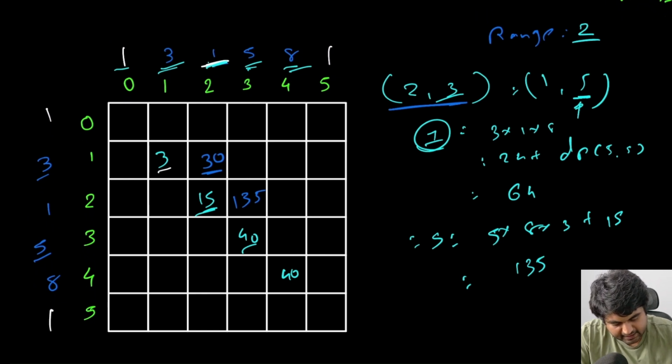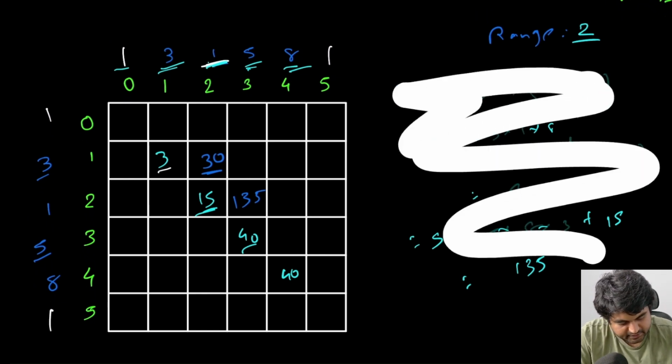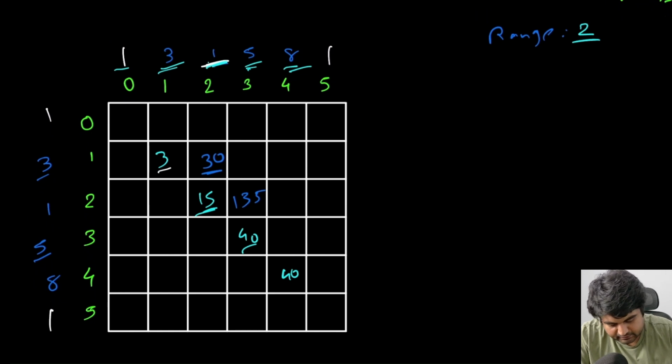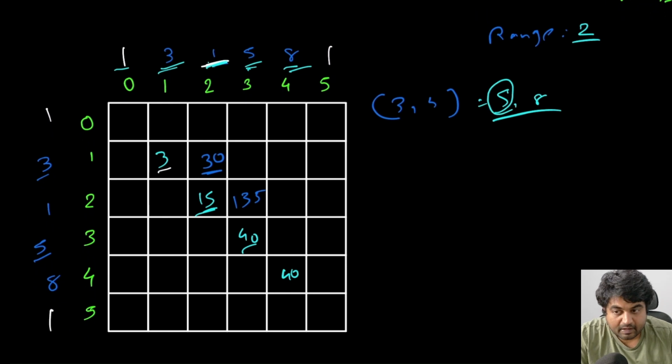Now the last range we have is range 3 to 4. Once again, what are the two balloons that we are able to pop? The values are 5 and 8. We can either pop value 5 last, in which case we would gain 45. If we decide to burst value 8 last, we would gain 48. Now why did we get 48?